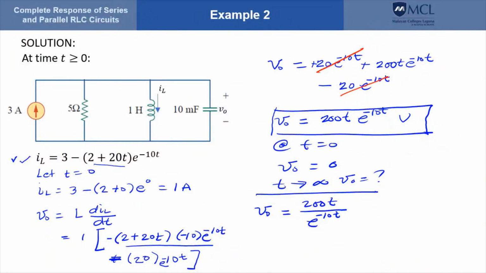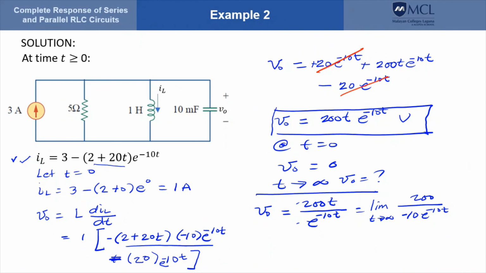If we let t approach infinity, both the numerator and denominator will approach infinity. So we can apply L'Hopital's rule. So V naught would be the limit as t approaches infinity of the derivative of the numerator, which is 200, over the derivative of the denominator, which is 10 e to the 10 t.